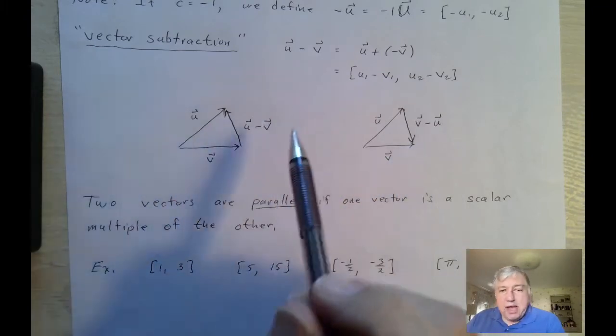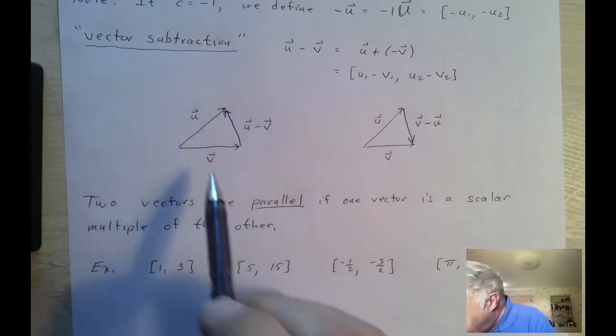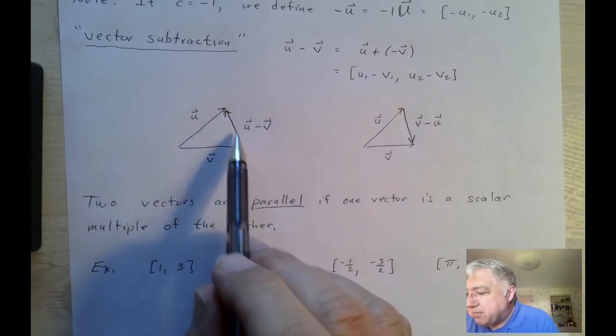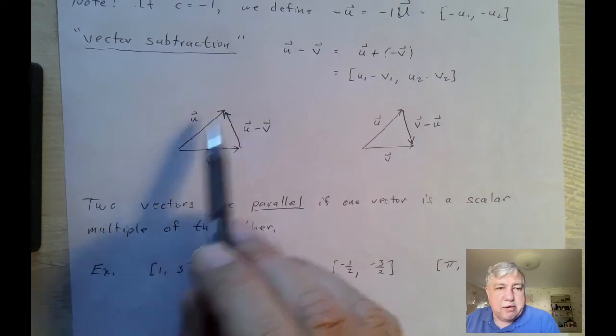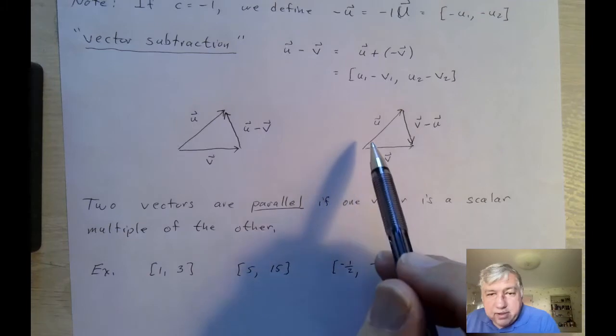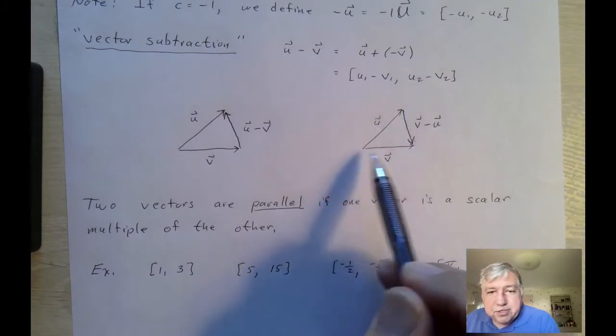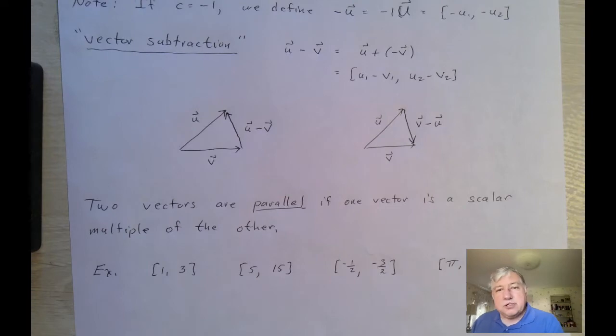If we apply v first and then apply u minus v, we get the same place as if we just started here and applied u. The same thing here: we can see that u plus v minus u is the same as v. So we have that geometrical situation.